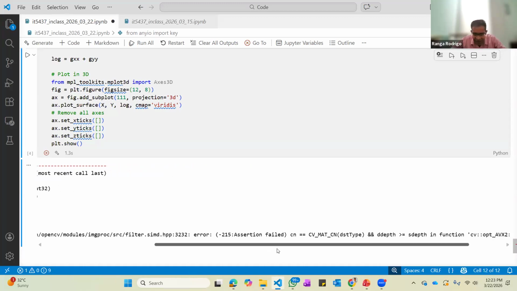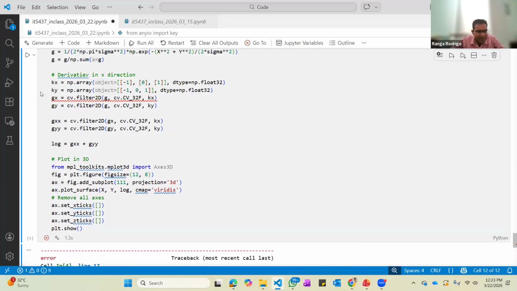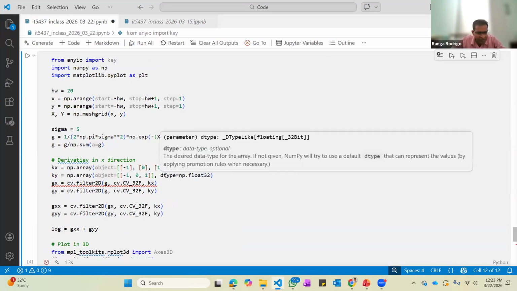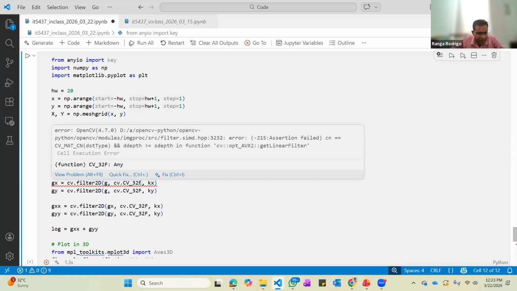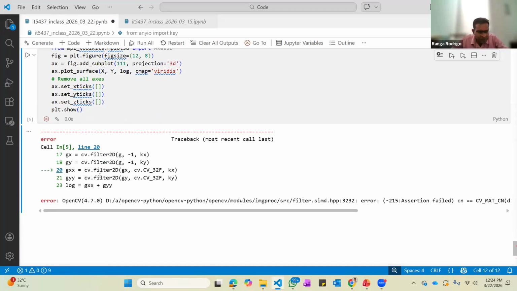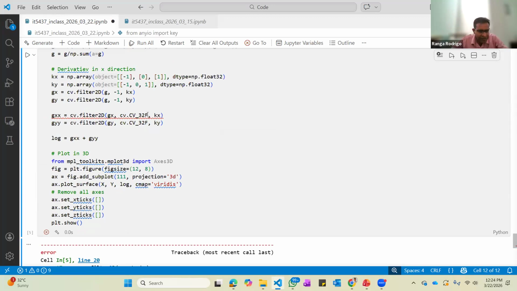What is it saying? Destination type. So this is a data type problem. Maybe one of them is float 64. That's fine.